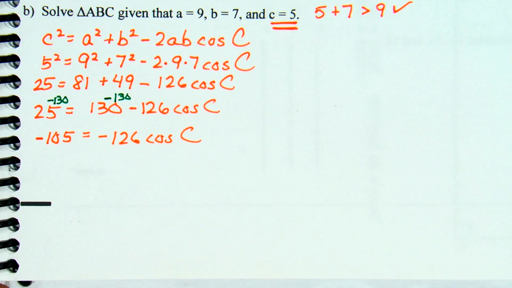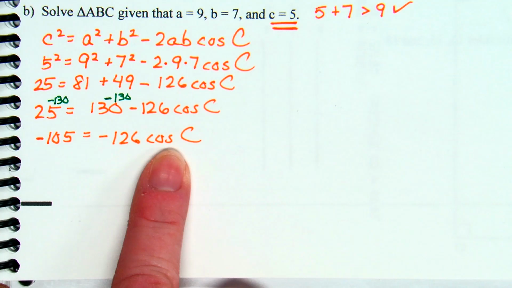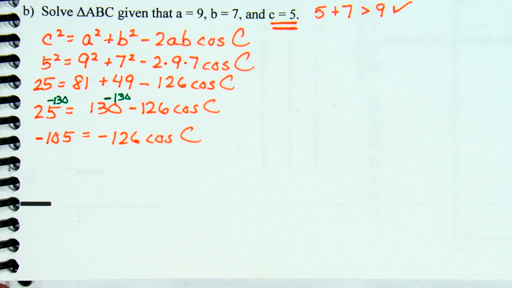Okay. Get cosine C by itself. So we're going to divide the negative 105 by negative 126. And it's going to happen like this every time, where it's going to be a negative divided by a negative. And a negative divided by a negative is automatically a positive.